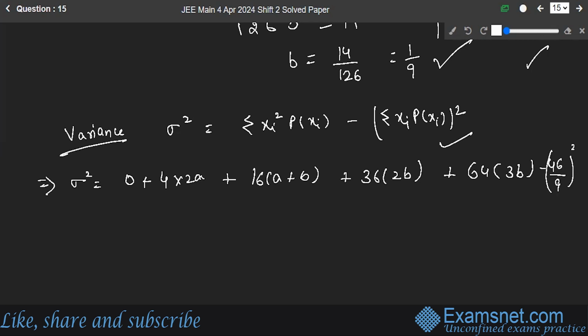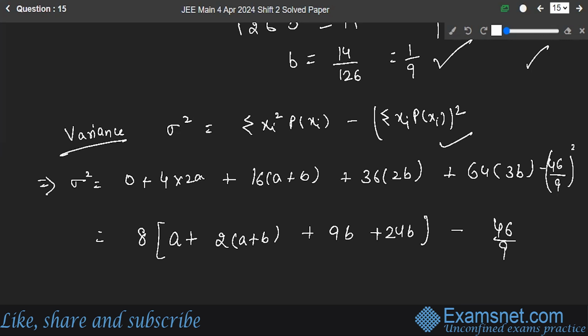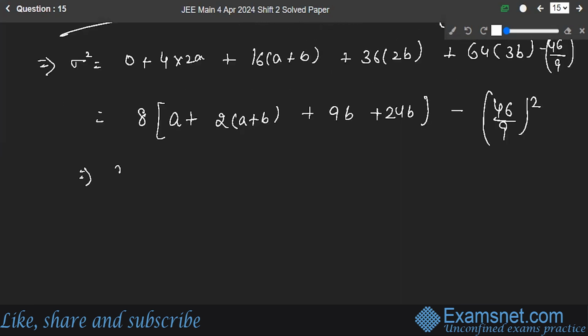Taking a common, this is a plus 2 into (a plus b), 9b, 24b, minus this. So this is again 8, 3a plus 35b, and here is minus 46 upon 9 whole square.